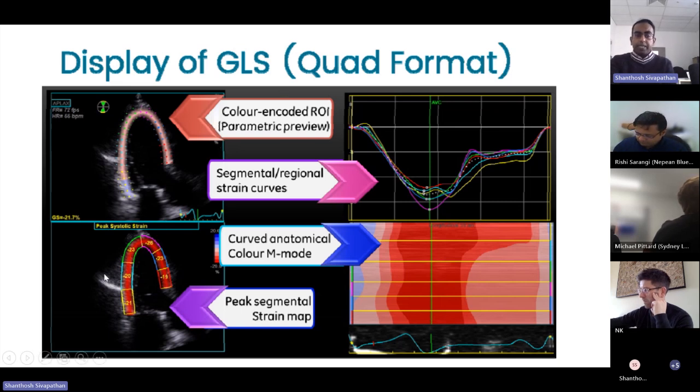You'll also get a peak systolic strain for each of the 6 segments, and there you can tell whether it's a true reflection when it's tracking, or whether certain segments have reduced strain, which may be due to inherent disease or infarct areas or sizes. And then you get what's called a strain curve.